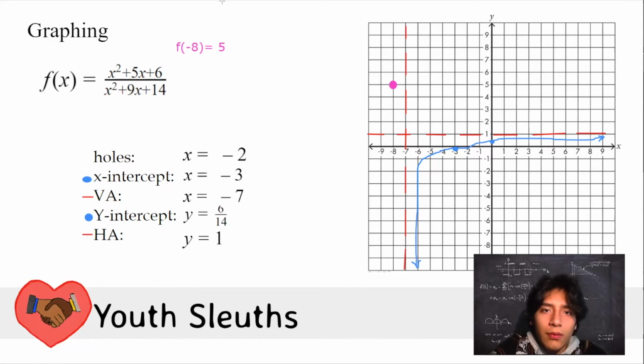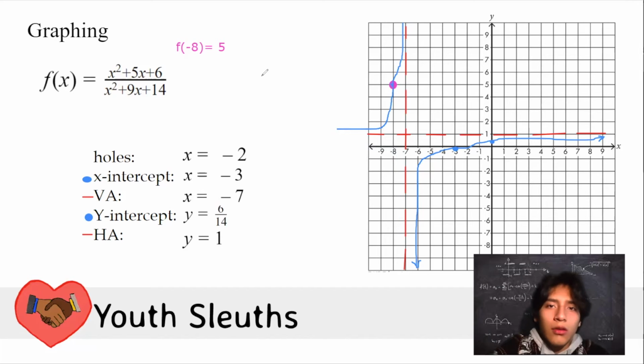So with that, we're going to draw our graph plateauing this way, not crossing the asymptote, and our graph going that way. Now, if it was down here, we would have our graph looking like this. But since our point was (-8, 5), our point is going to be up there.